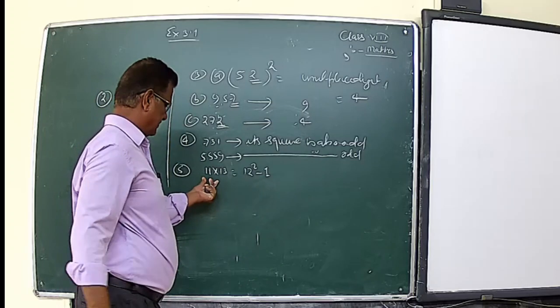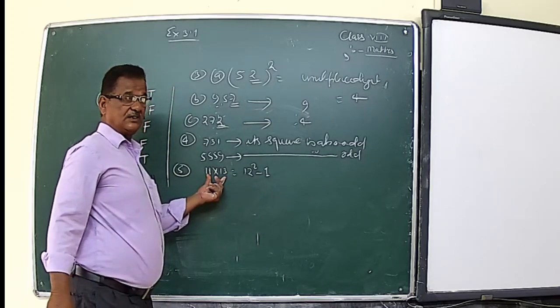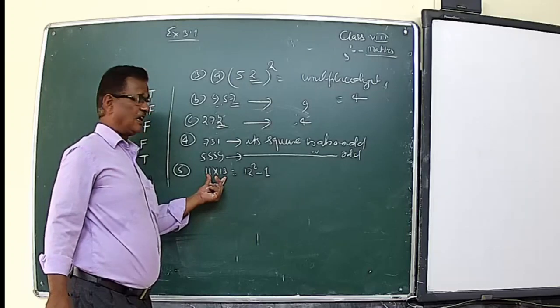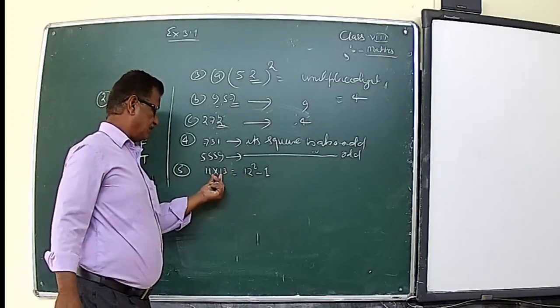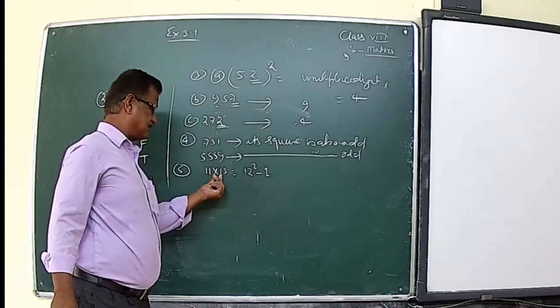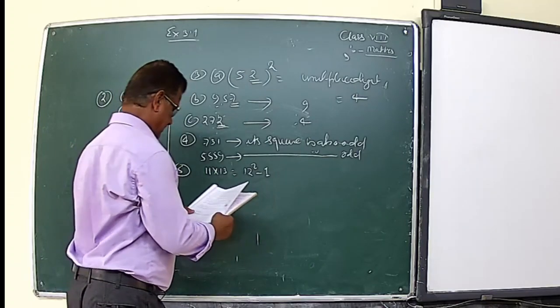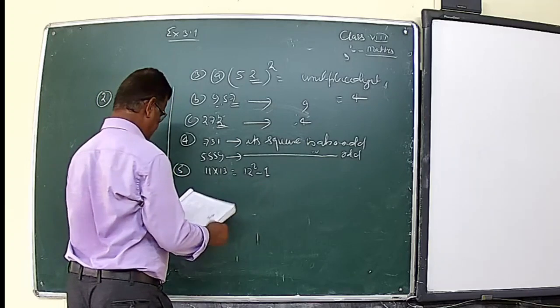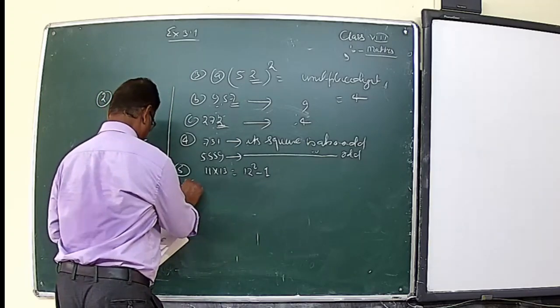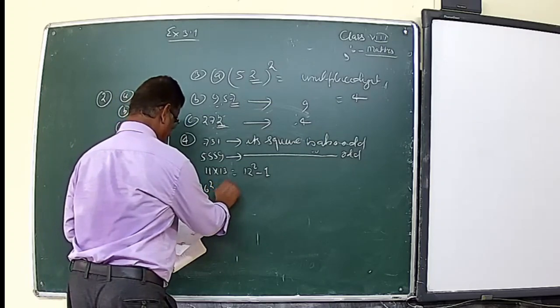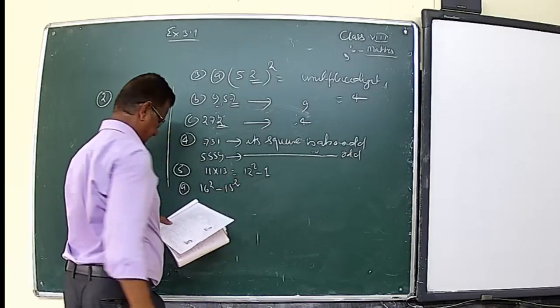See here, 12 lies between 11 and 13. So the product of 11 and 13 is always equal to the square of the number between them, minus 1. The fifth given is 16 squared minus 15 squared.